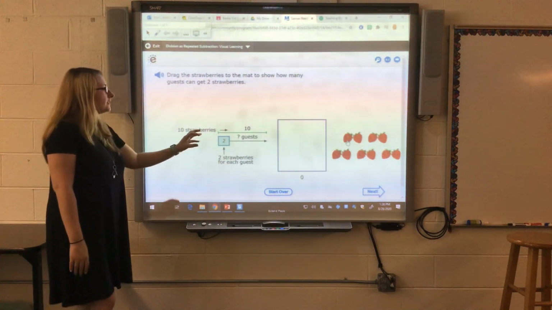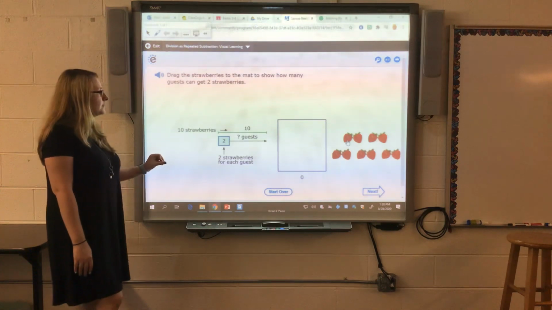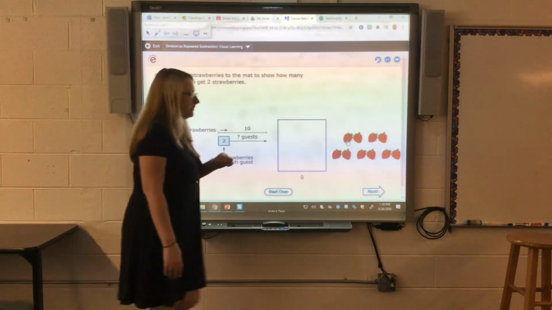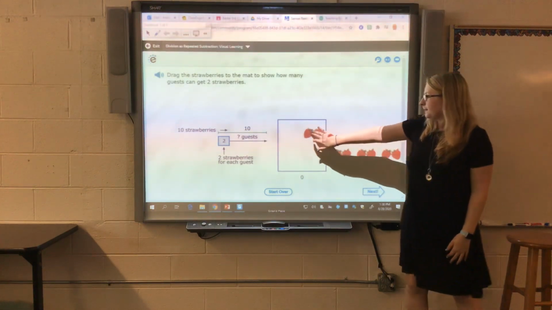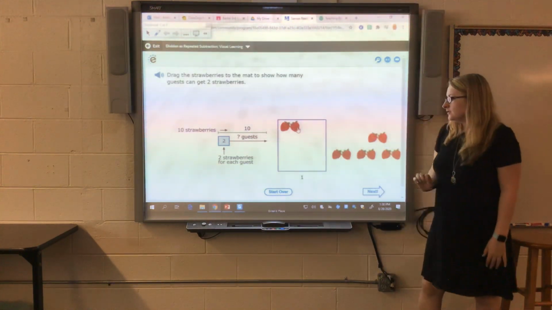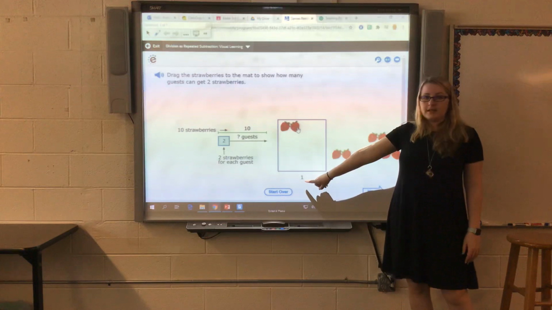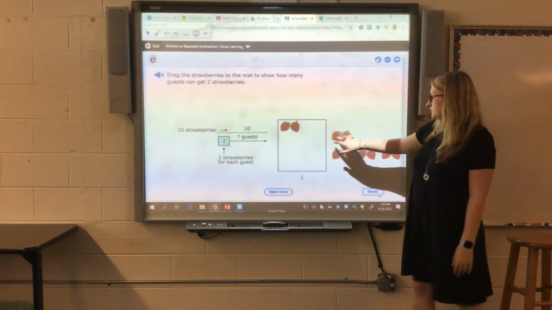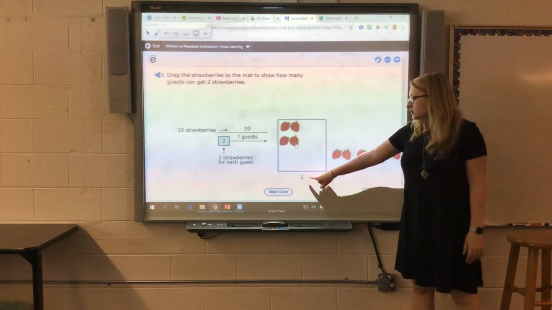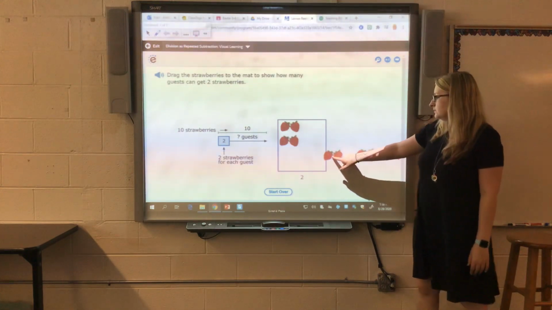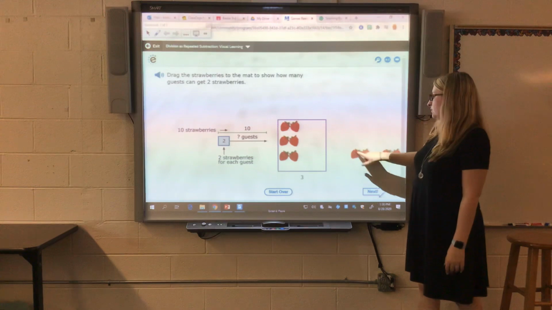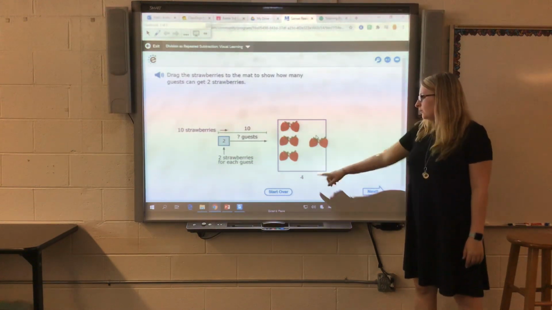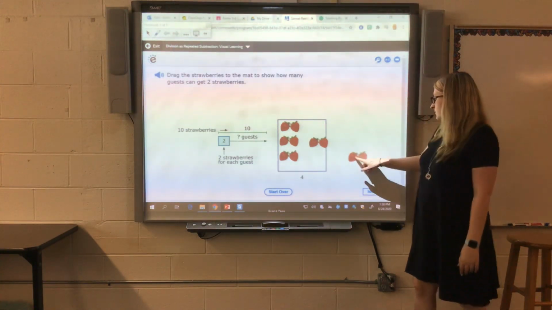Alright, it says to drag the strawberries to the mat to show how many guests can get 2 strawberries. So that is showing 1 guest gets 2. 2 guests can have 2. 3 guests can have 2. 4 guests can have 2.